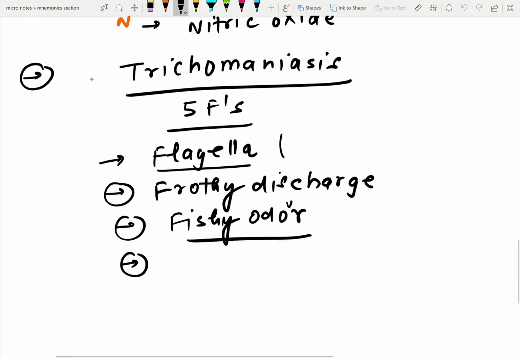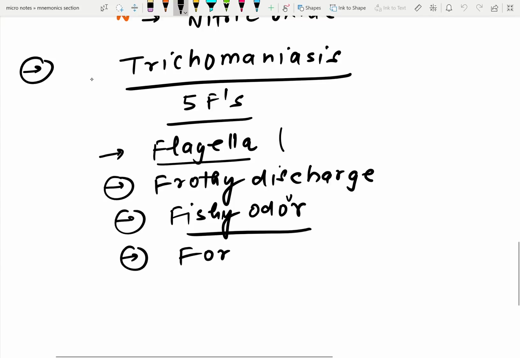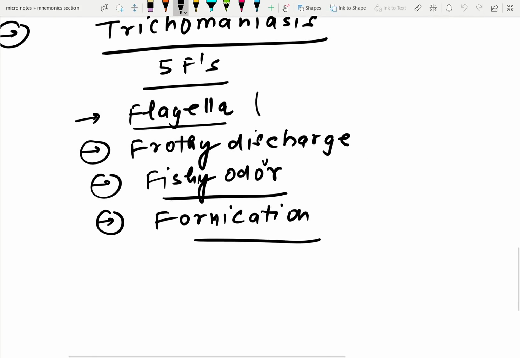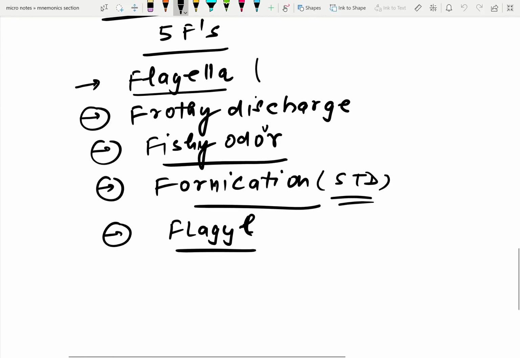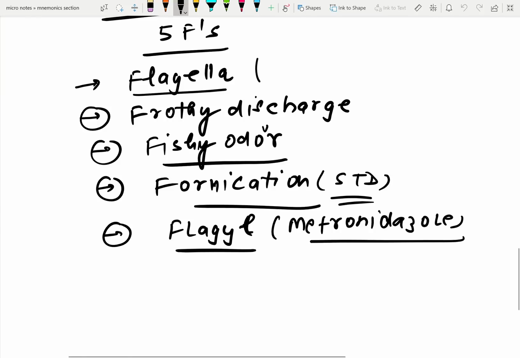Then this particular one is fornication, and fornication, you know, is a sexually transmitted disease. So this trichomoniasis is a sexually transmitted disease, so that also you need to remember. Fine. And what is the drug of choice, which was the AIIMS question? So remember for that the company name of metronidazole, that is Flagyl. Flagyl is the drug of choice for this particular one, and the other name of this is metronidazole.